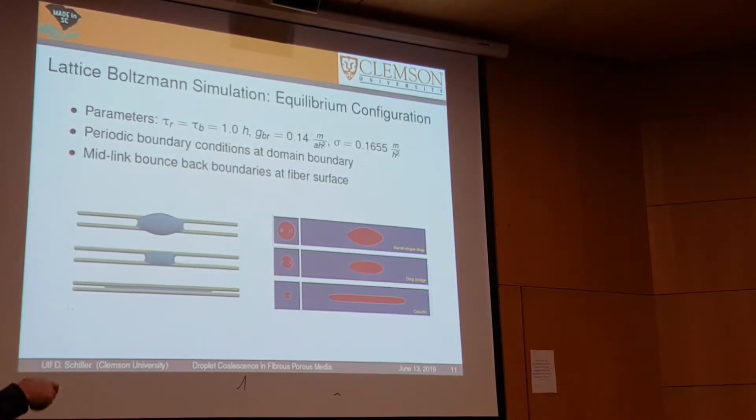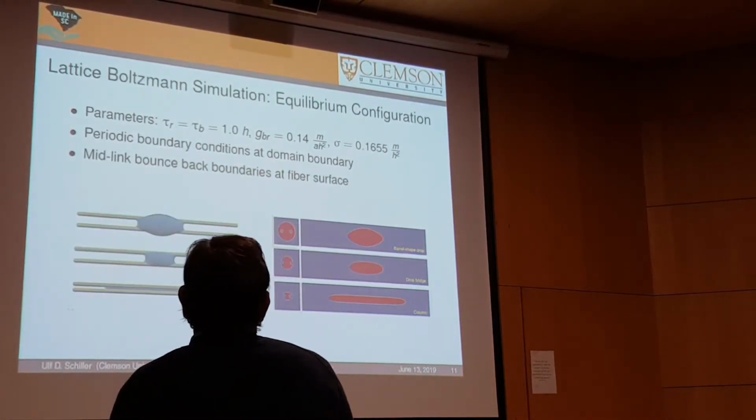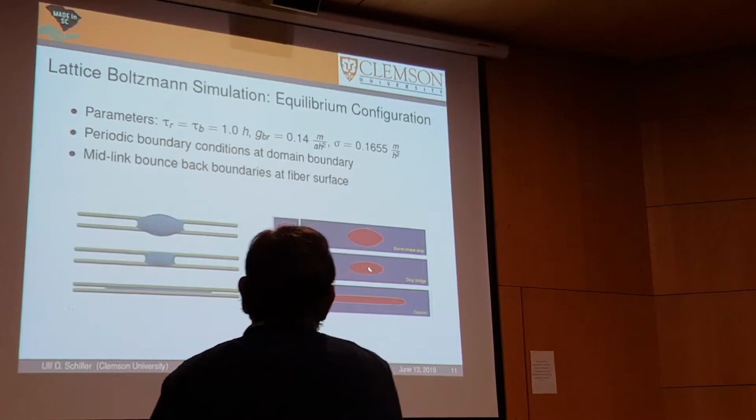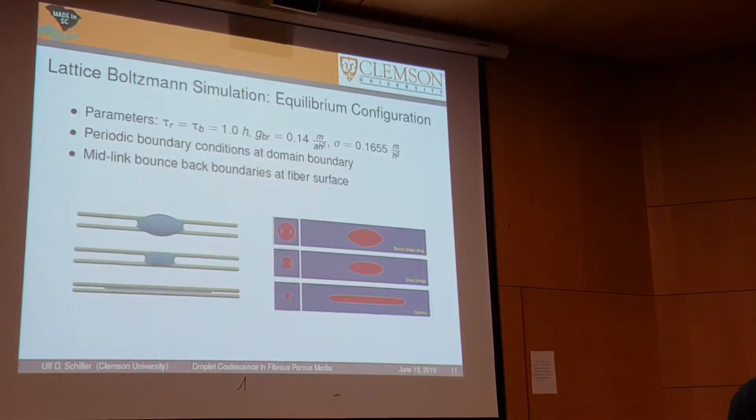So we, again, used the Lattice Boltzmann method to simulate droplets on a fiber. And in this case, what we wanted to do is study these different morphologies and how they change from one to the other. There are 3 different basic morphologies that we have identified. The first one is a barrel-shaped droplet. That is when it's really still a droplet that has just spread out a little bit on those 2 fibers. Then there's something called the drop bridge.